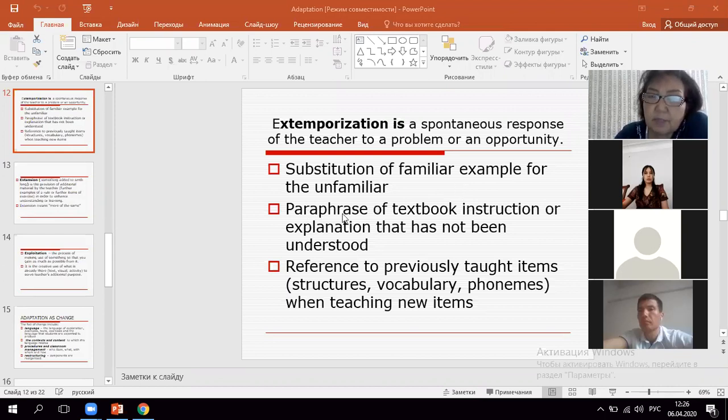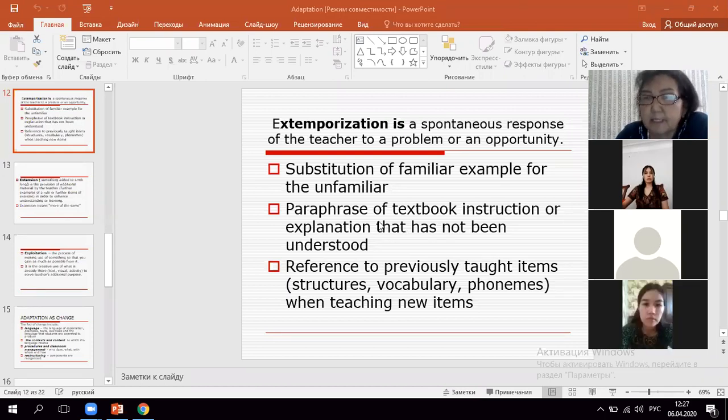The second is paraphrasing of textbook instructions or explanations that have not been understood. Sometimes textbook instructions are very difficult for our learners to understand. Yeah, so we explain in our own words, simplify them, paraphrase this exercise. This is called extemporization.